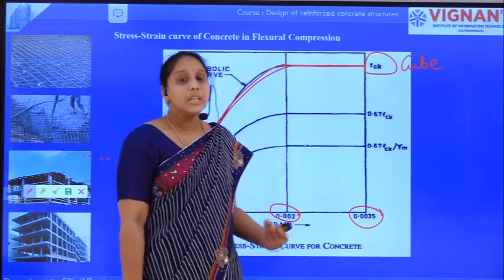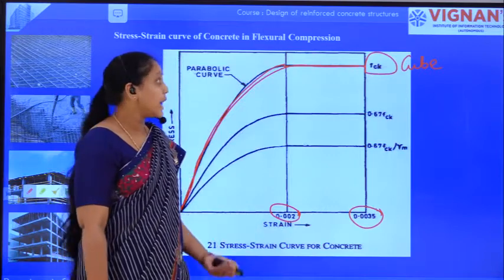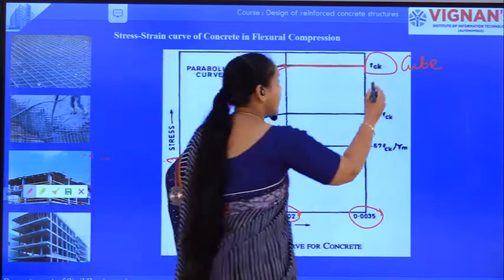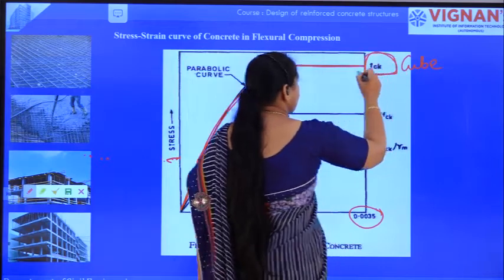So in the structure, we cannot directly consider this particular characteristic compressive strength fck.